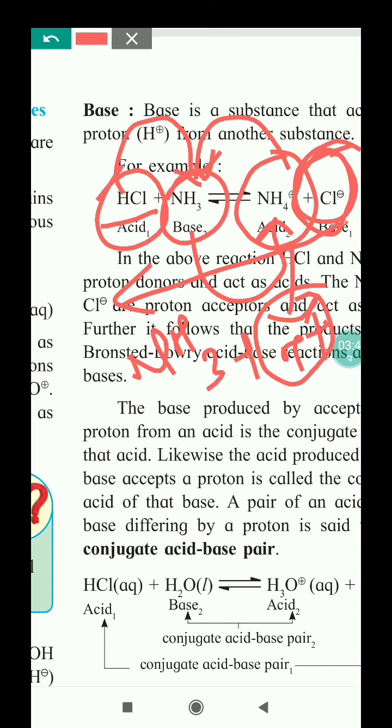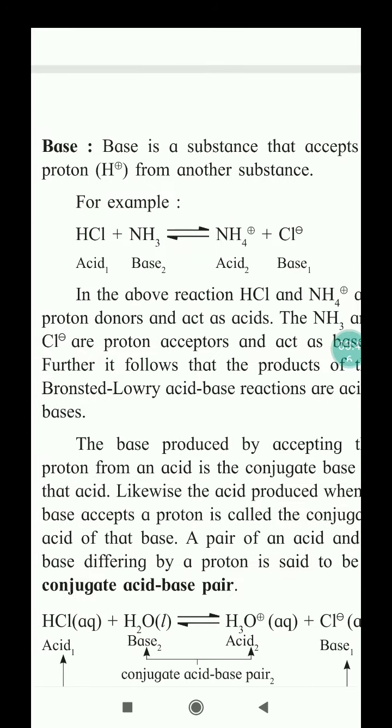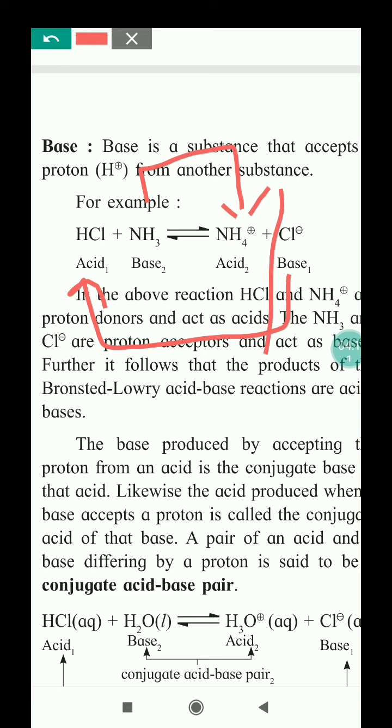So Cl negative is the base of this acid 1, so it is called base 1, and a base forms an acid. So the ammonium ion is the conjugate acid of this base, and Cl negative is the conjugate base of the given acid. So it is called a conjugate acid-base pair.